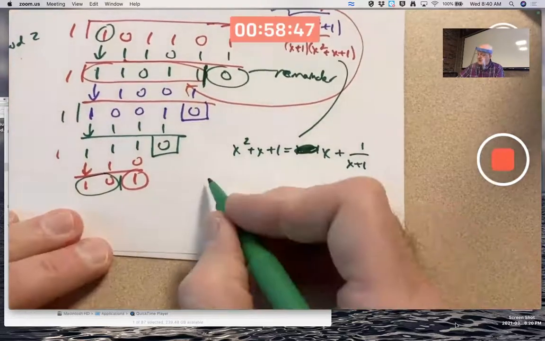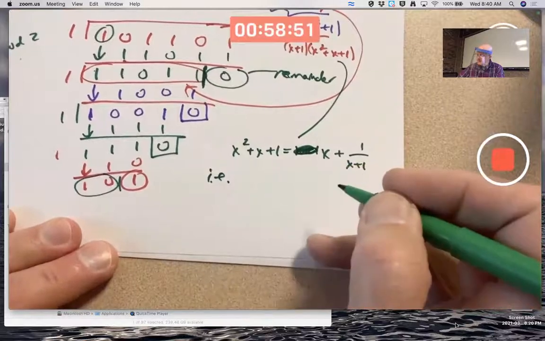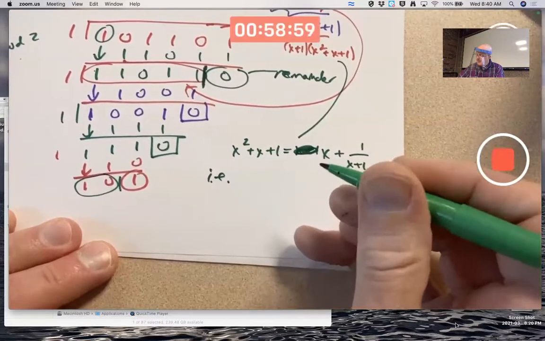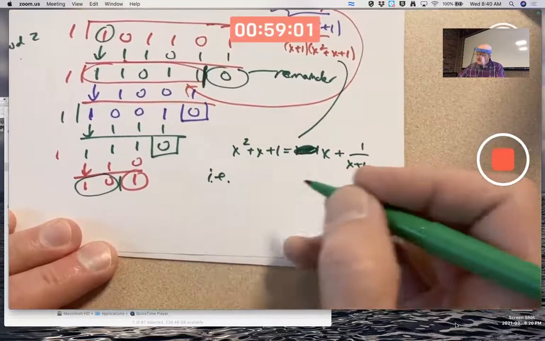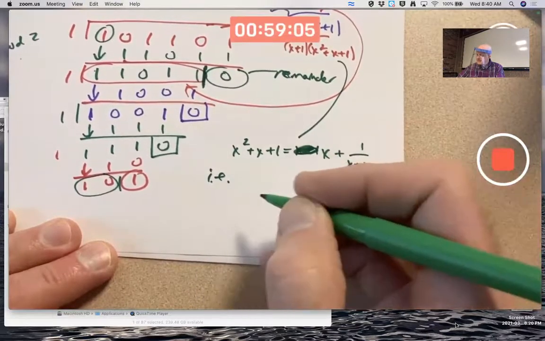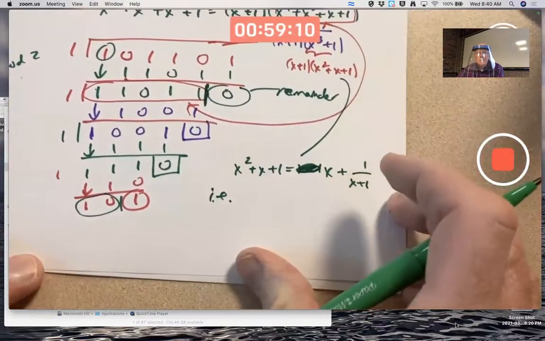It's better to write it this way, i.e., if you multiply everything by x plus 1, what am I trying to say here?